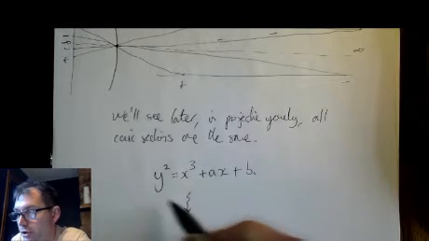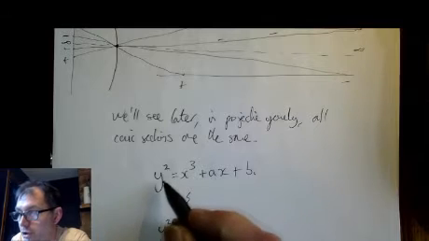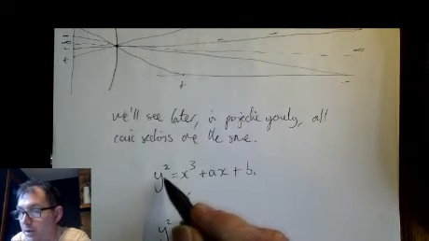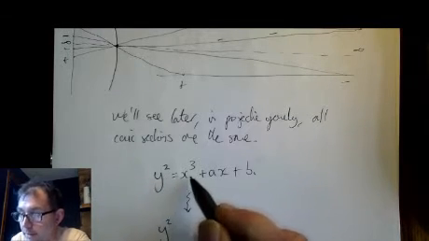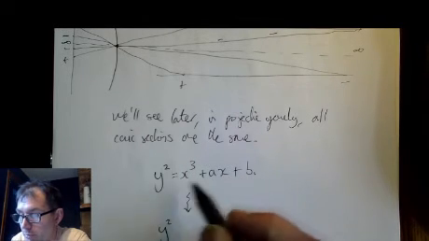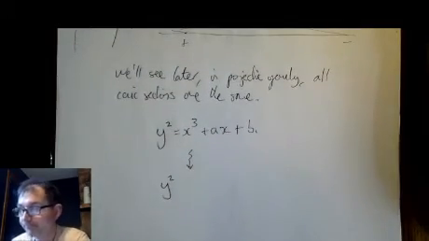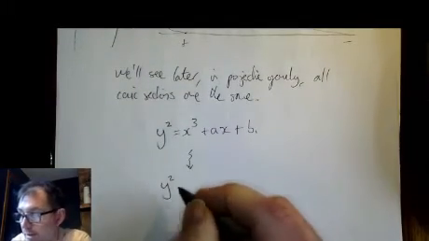But to transform this equation to be a projective one, all you have to do is upgrade all of the terms in this, all the monomials in this polynomial equation, so that they're the same degree.